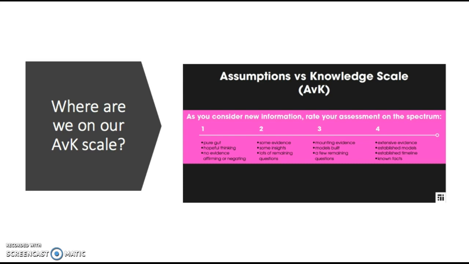So for example, if you just sort of have this gut feeling and you're operating under that type of assessment, you'll want to give that piece of evidence a 1. So you really don't have any evidence, but you sort of have a gut feeling, that's a 1. If you have extensive evidence and you found it in multiple places and you have all these pieces to support your position, that would be a number 4.